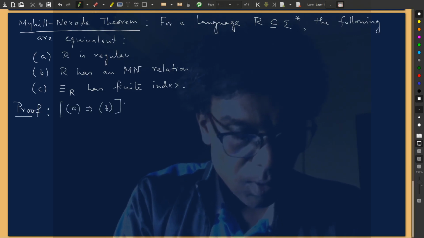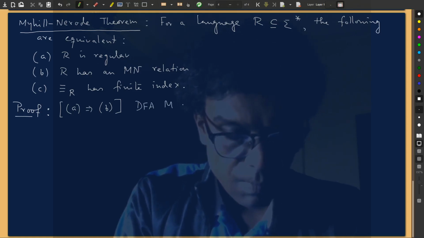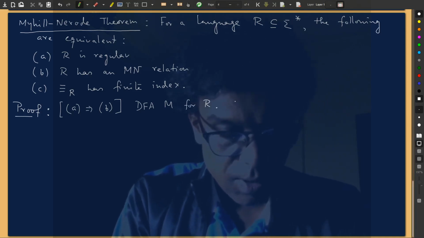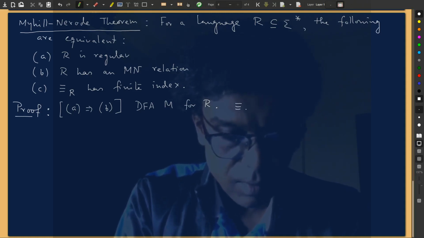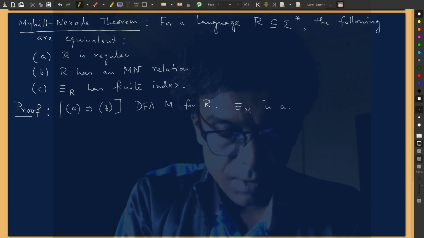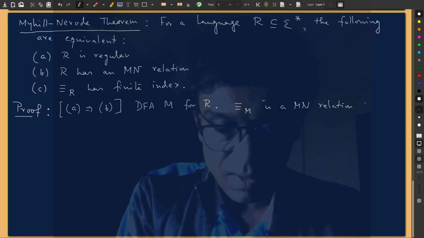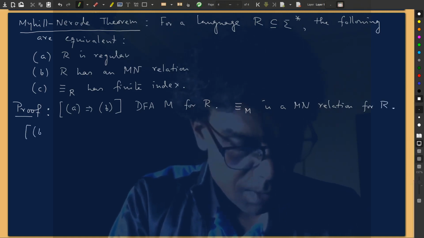So A implies B. Since R is regular, there is a DFA M for R. Then if we apply the construction DFA to an Mn relation, you can see this M is a Myhill-Nerode relation for the language of this machine, which is R. This is straightforward.